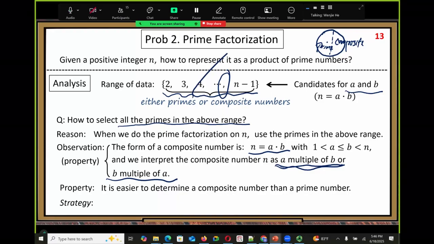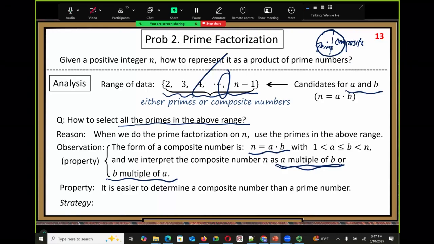That is our problem solving strategy: if we can cross out all the composite numbers in this range, then the remaining numbers are the prime numbers. That's a simple strategy to solve this problem.